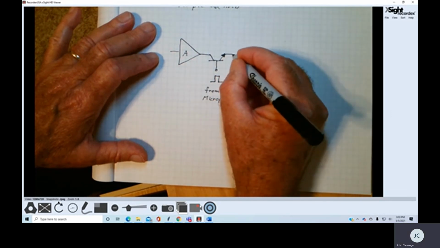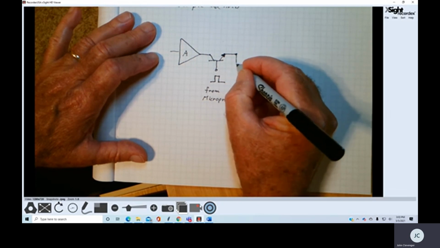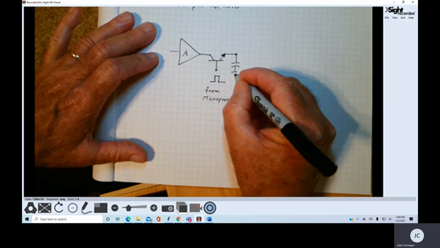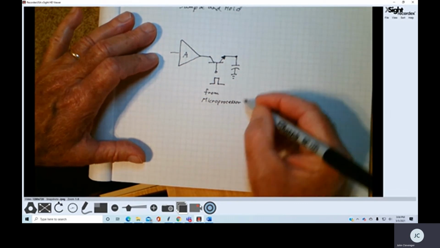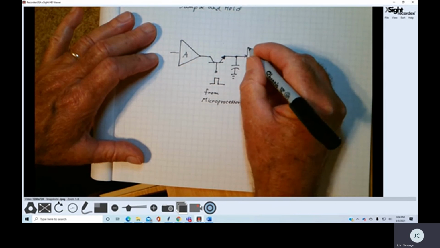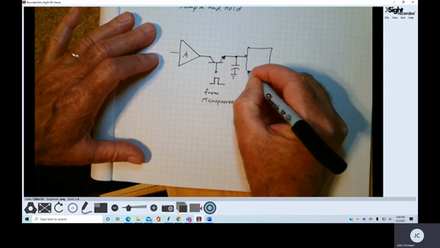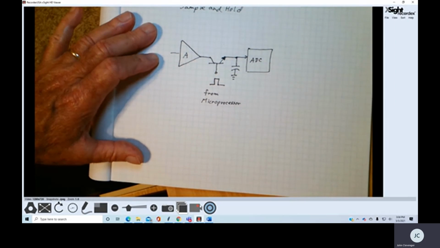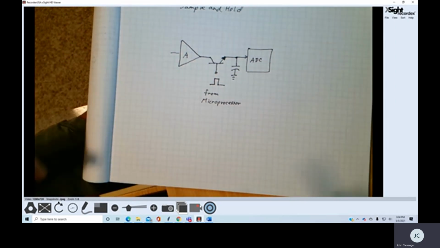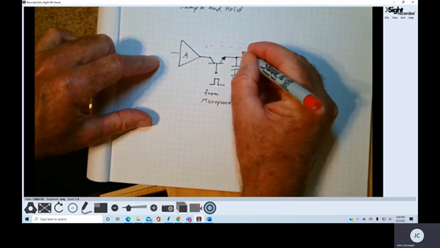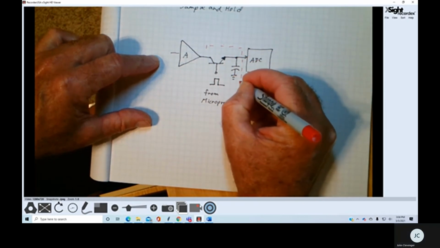Now, the output of this transistor goes to nothing more than a simple old everyday capacitor. And then this goes into my ADC. So my sample and hold circuit is simply this right here.